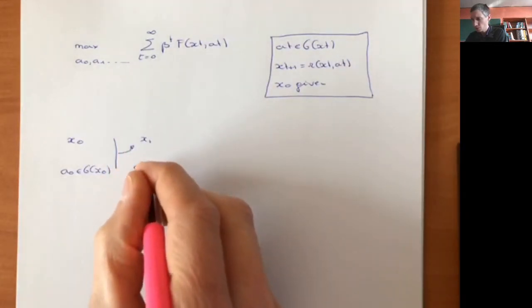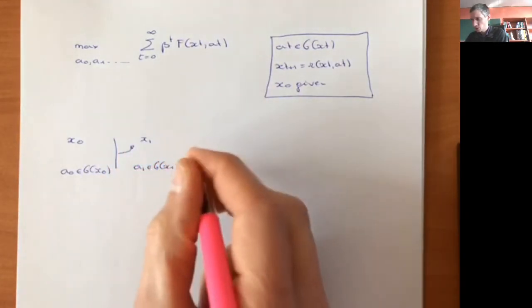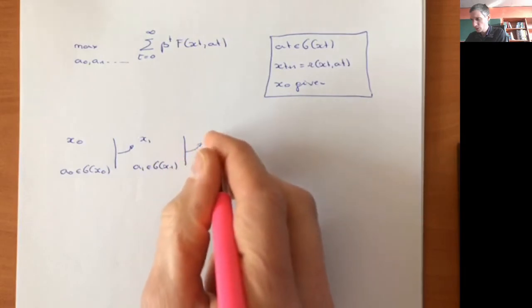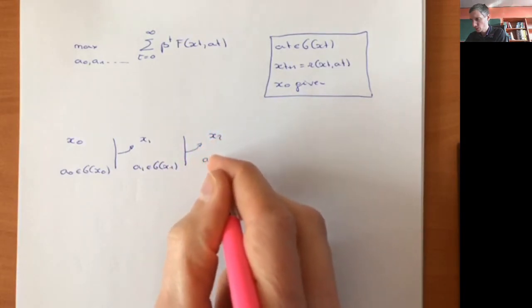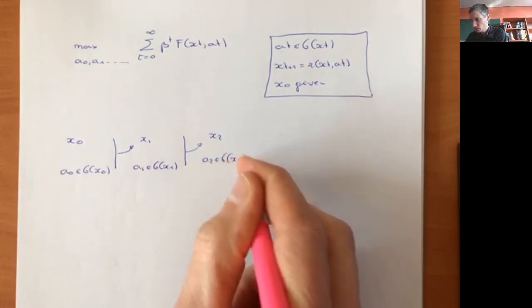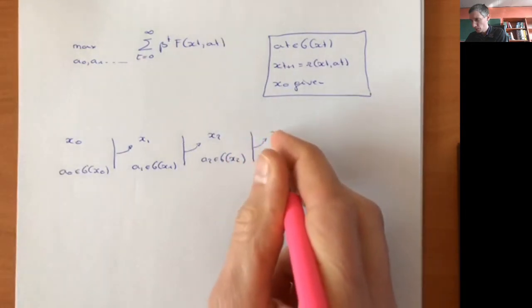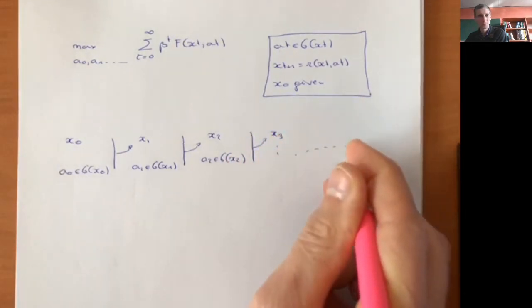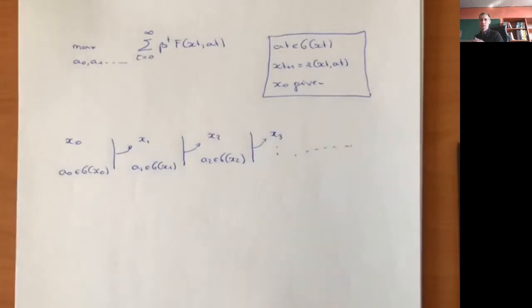We take an a1 in g of x1. By the law of motion, we get an x2. We take an a2 in g of x2. We get an x3, and so on. Okay, so this is how the dynamics work.